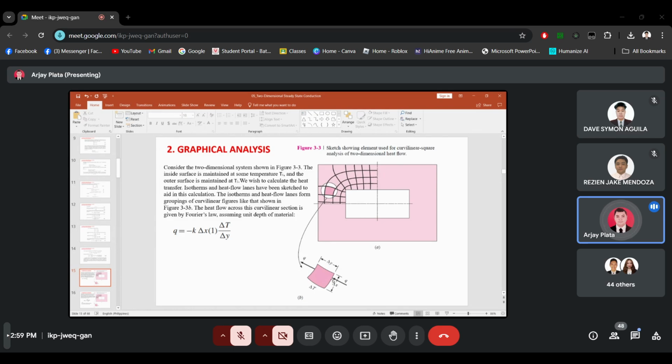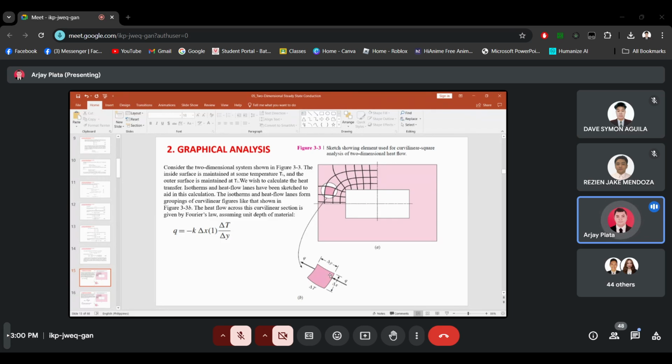The perpendicular area is delta x times 1. So the value of z is 1. We do not have z here, so we have to use the value 1. So delta T over delta y. So that's the formula for heat transfer here.